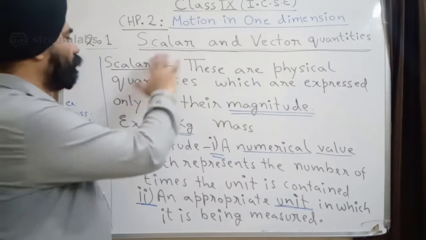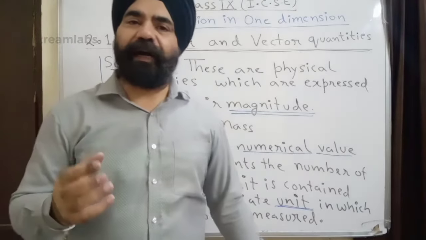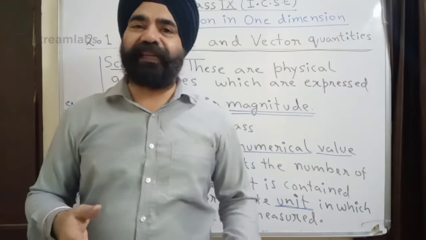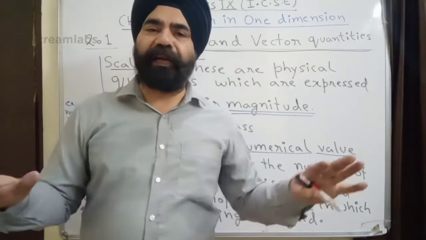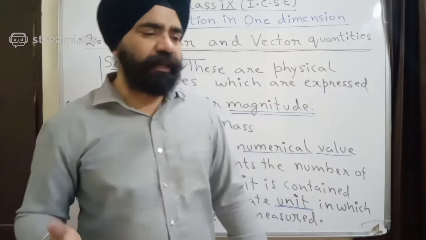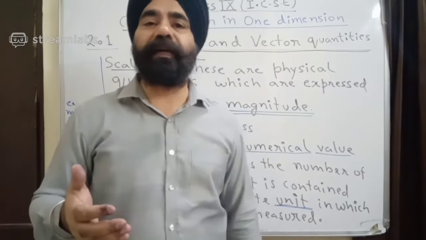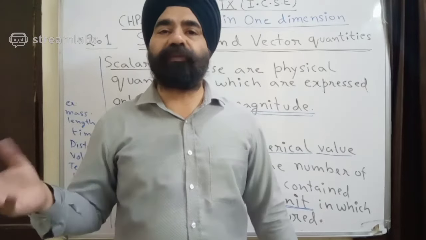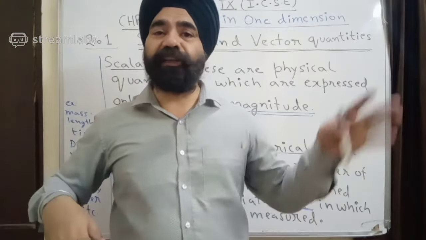Okay, we take an example. I take that a scalar quantity is mass. I say that the mass of a certain object is 50 kgs, and that gives me complete information. I don't need any other information. You must have never seen anybody saying that the mass of a certain object is 50 kgs east, 50 kgs north.